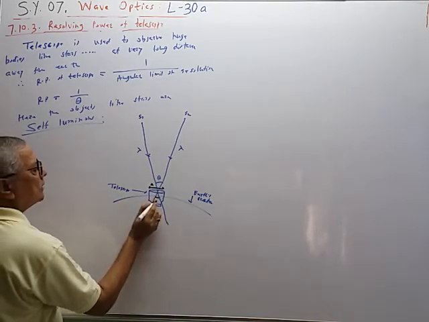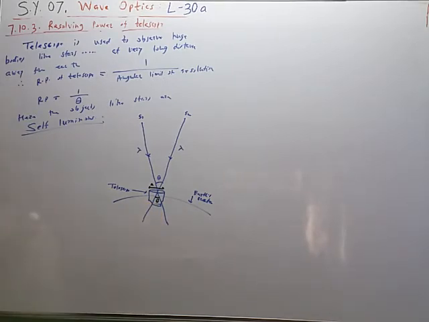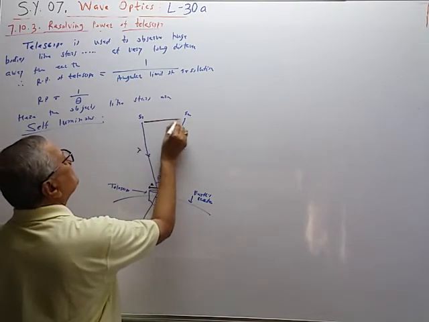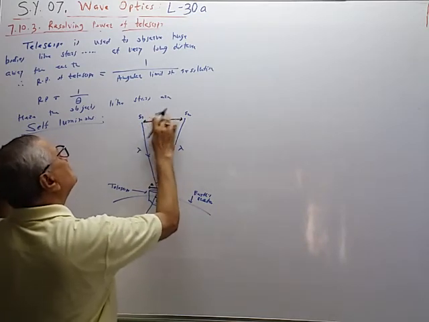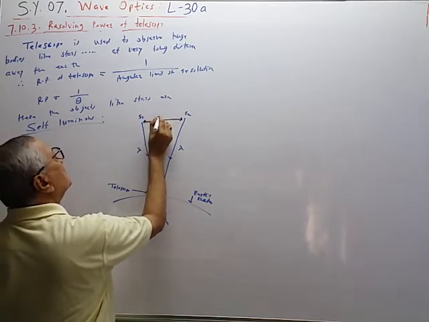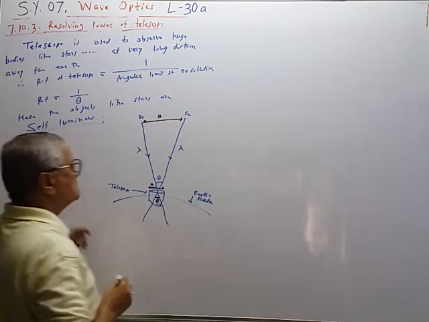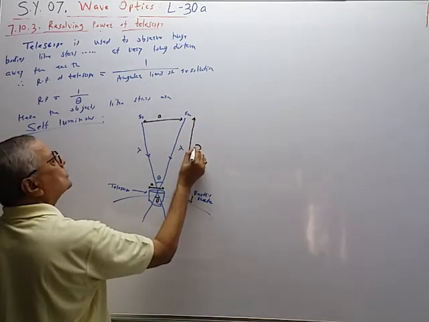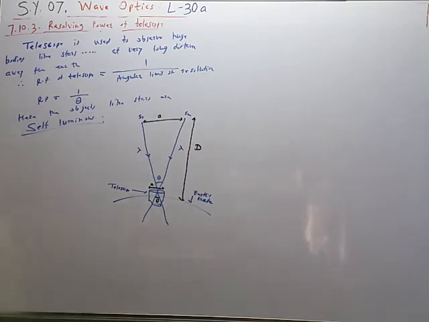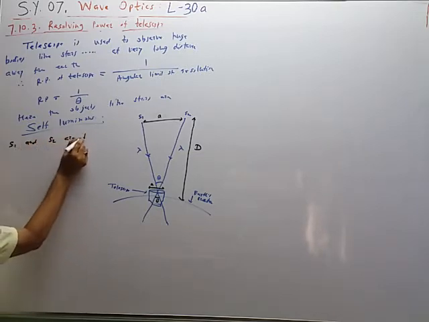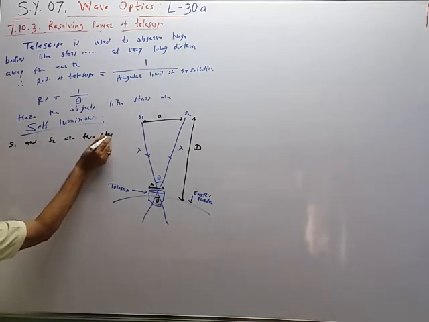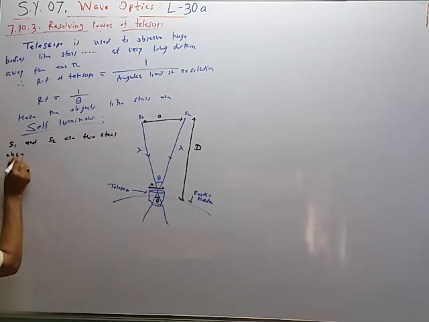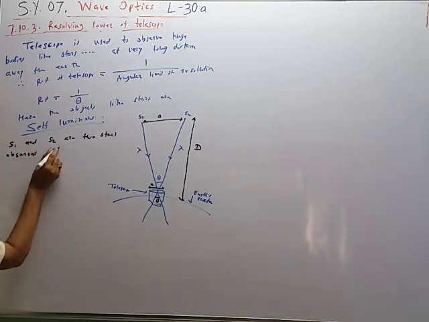So these two angles are vertically opposite angles. So the distance between the two stars is, say, D, capital D. The two sources, the two stars, are at distance D. So S1 and S2 are the two stars observed just separated.